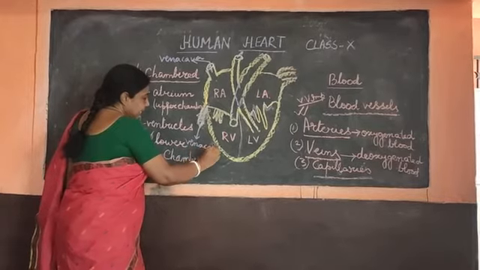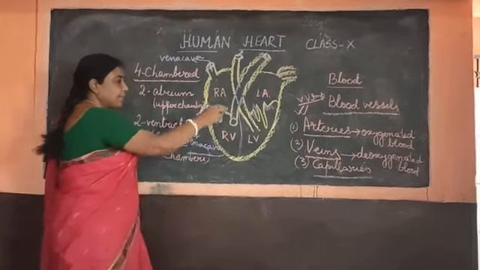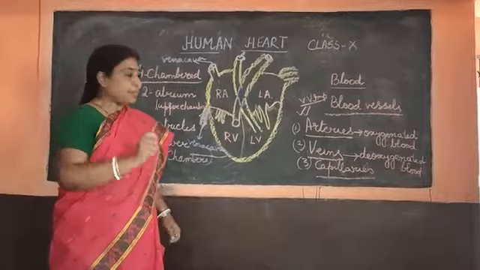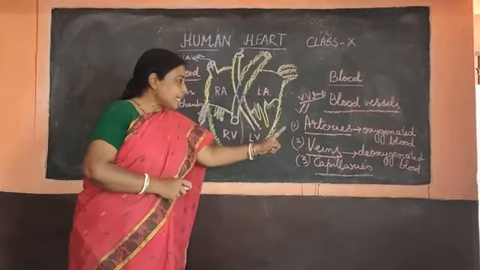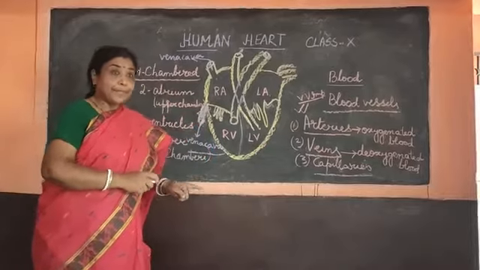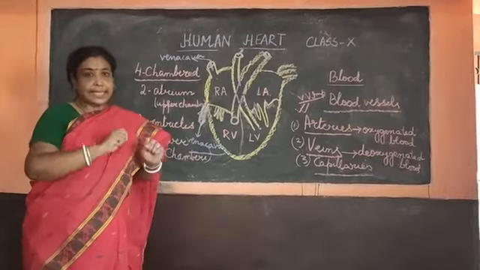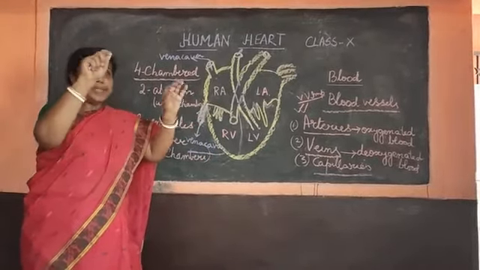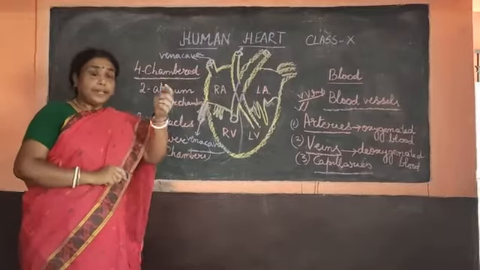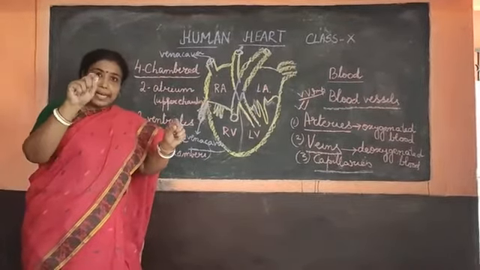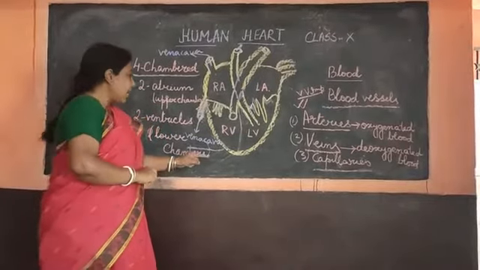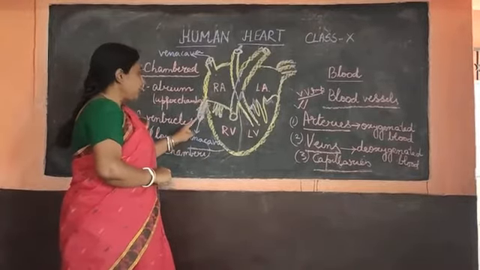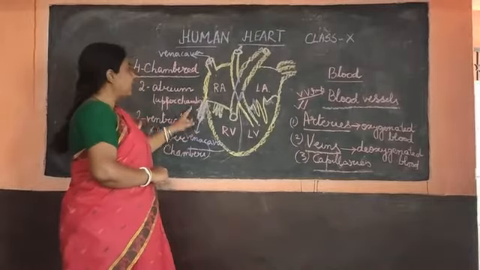Now again and again, children, in the beginning of the lesson I have told you all that the veins carry deoxygenated blood. So the deoxygenated blood from the entire body will be collected by different veins situated in different places and brought near the heart.